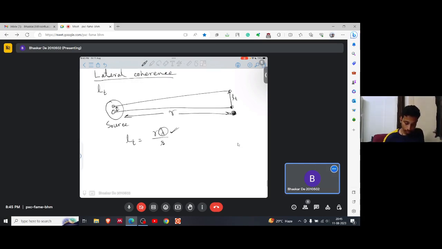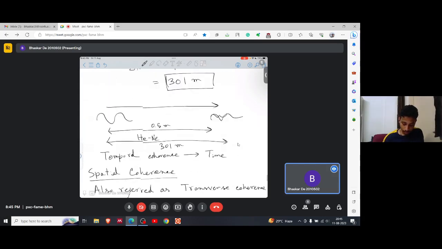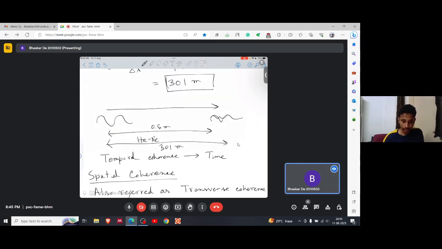So in temporal coherence it was like here the relative phase is preserved, and here the relative phase is partially preserved. So that is the limit of the temporal coherence, which we eventually find out that the temporal coherence for helium neon laser is 301 meter, and for mercury vapor lamp it is 0.5 meter.